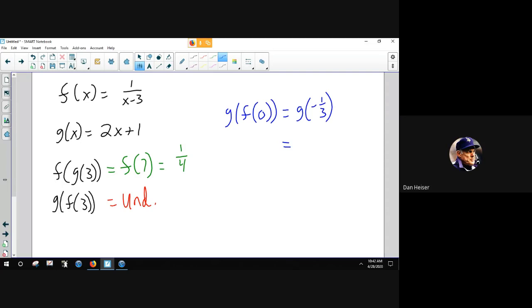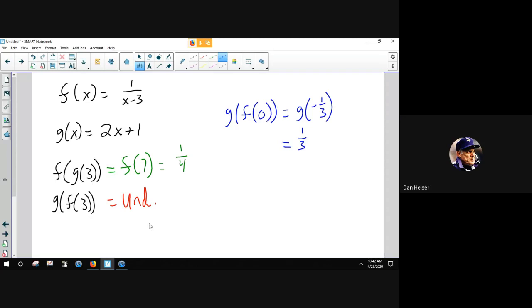If you have negative 2/3 and you add 3/3, you're left with 1/3. So many values are possible. I could do g of f of 1, g of f of 1/2, g of f of negative square root of 17, and so on. But I cannot do g of f of 3 because we end up with something that's undefined.